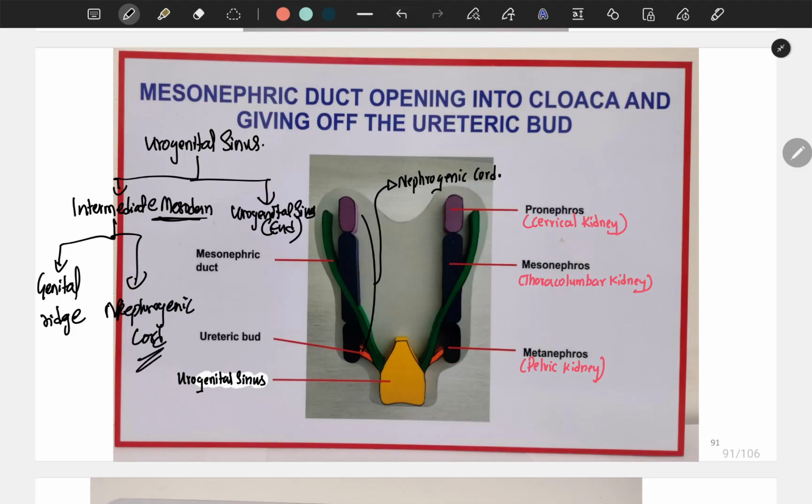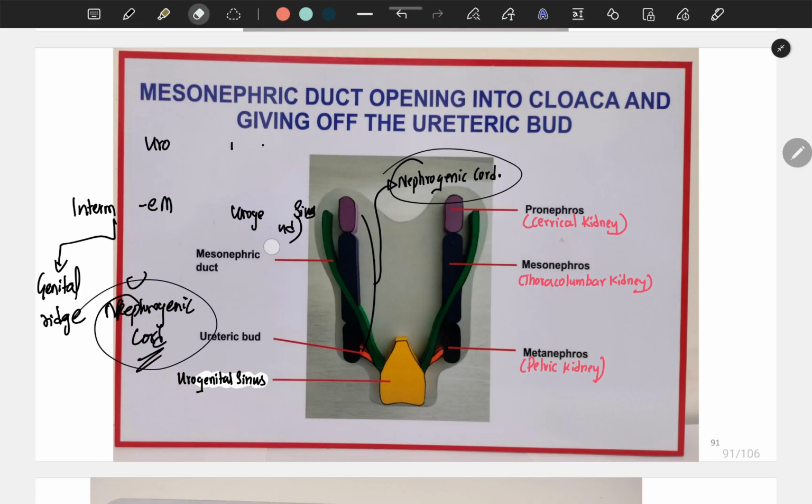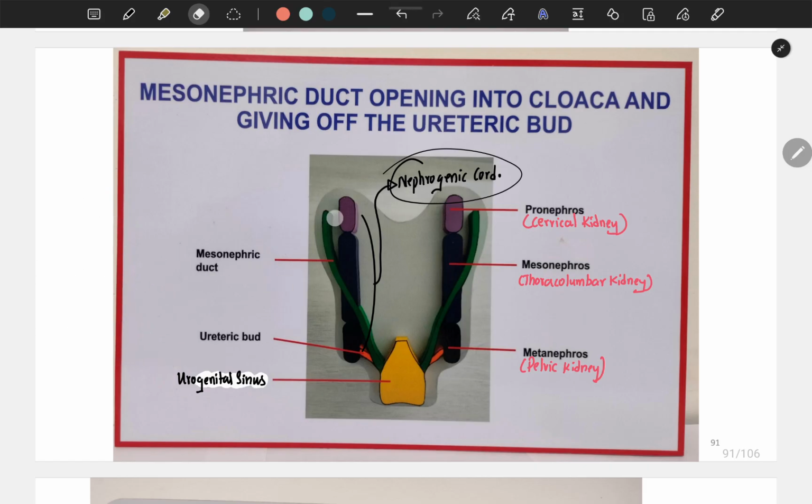Okay, this is called nephrogenic cord. From the nephrogenic cord there is development of what? Kidney. Okay, now coming to the pronephros. Pronephros is called the cervical kidney, present in fish.